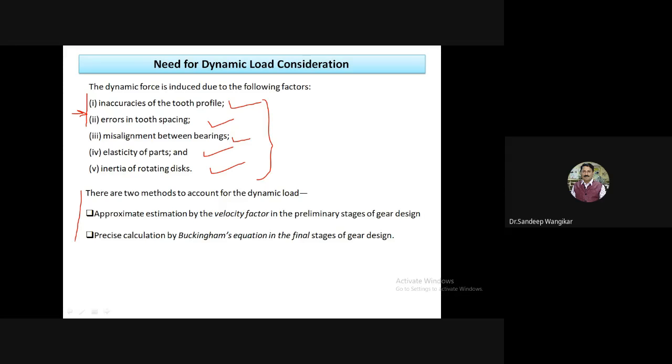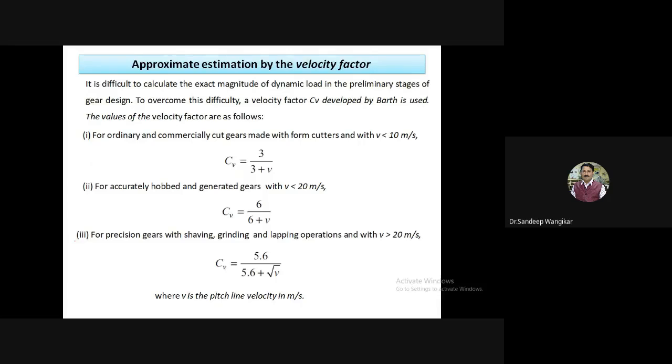So the first method is approximate estimation by velocity factor. The names themselves indicate approximate and precise. In the first method, approximations are there. When we have no dimensions in hand, the module we don't know, and face width, PCD and all other things are not calculated, in this case we have to go for calculation of this effective load.